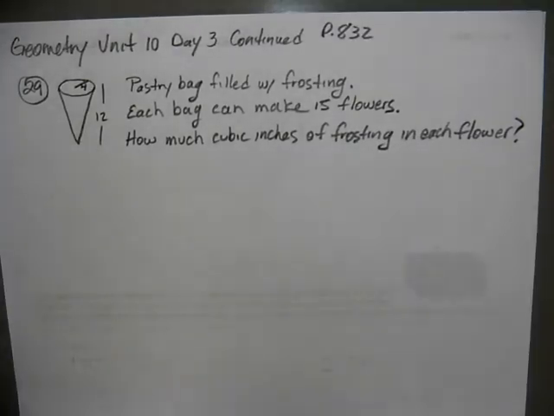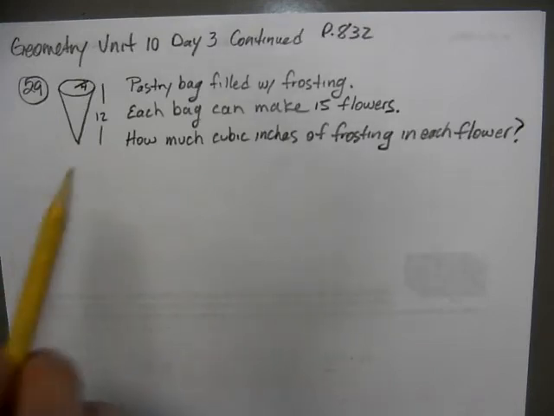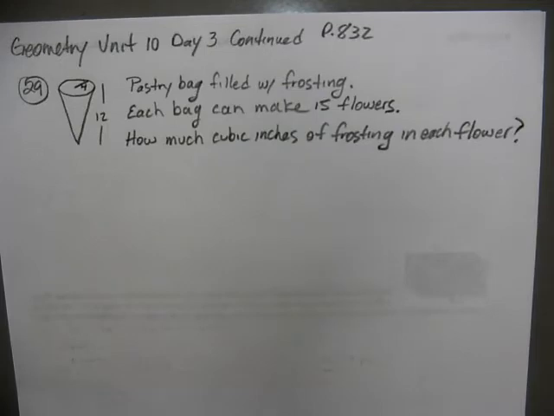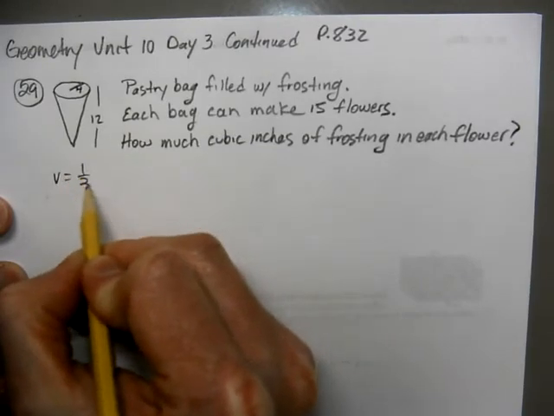So we have a pastry bag. It's very much like a cylinder. It has a radius of 4 and a height of 12. It's filled with frosting. Inside this pastry bag we can make 15 flowers. The big question is how many cubic inches of frosting are in each flower. So we're going to start out with volume first.